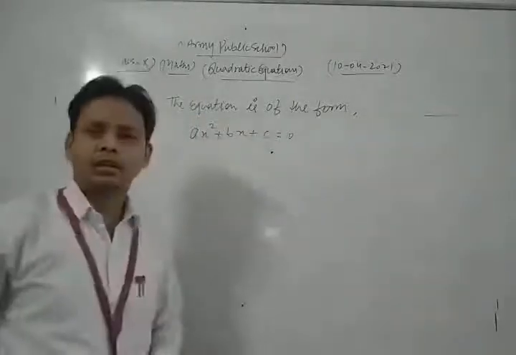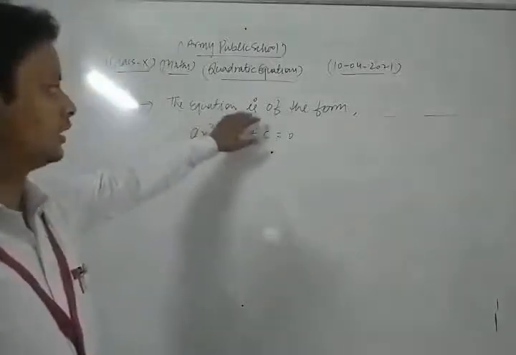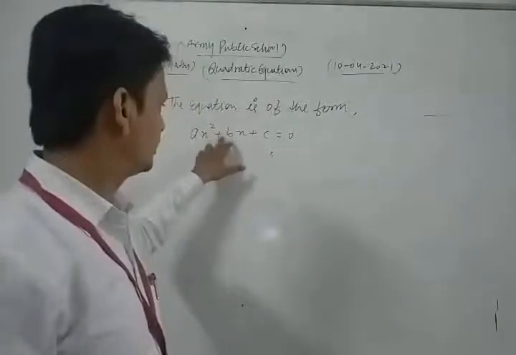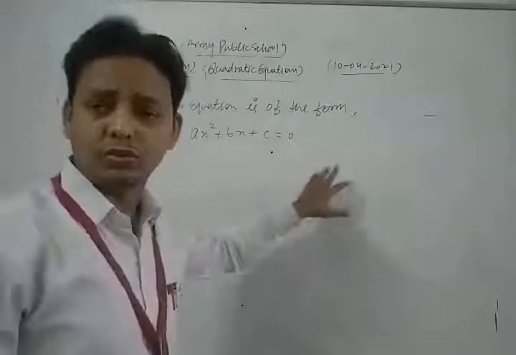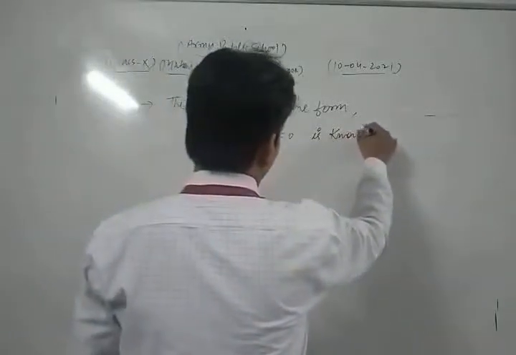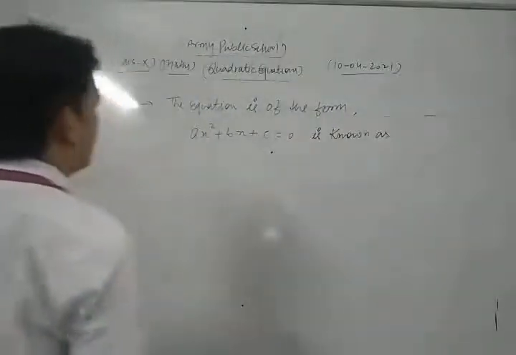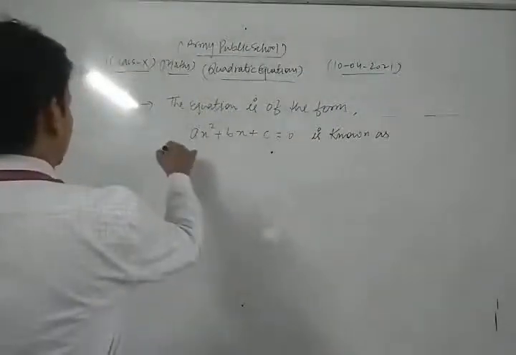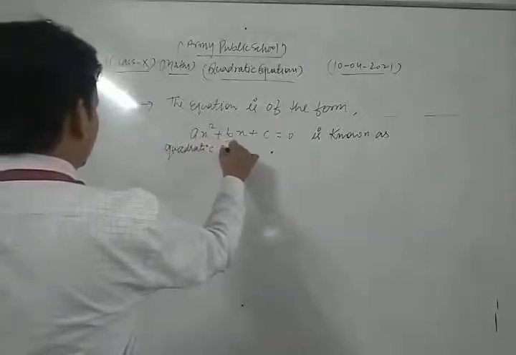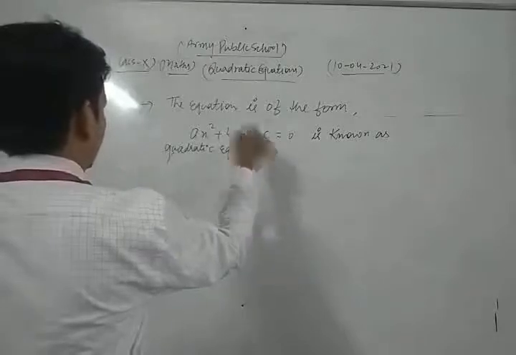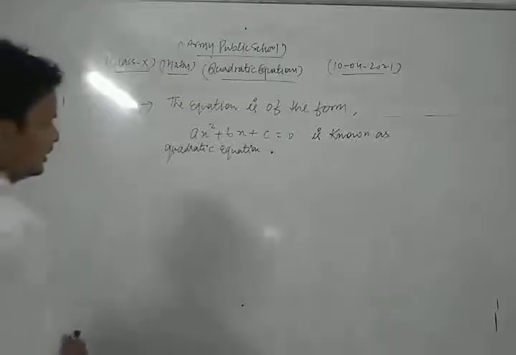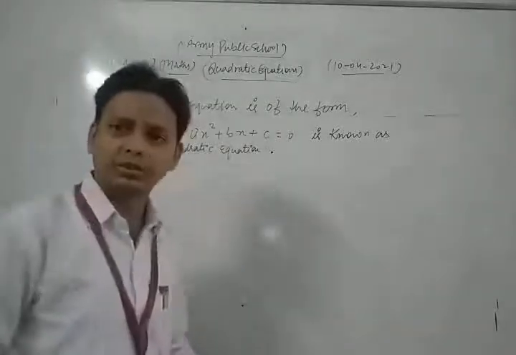Okay, dear students, an equation of the form ax square plus bx plus c is equal to 0 is known as what? Quadratic equation.